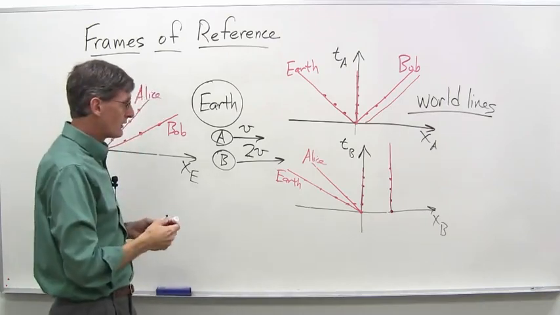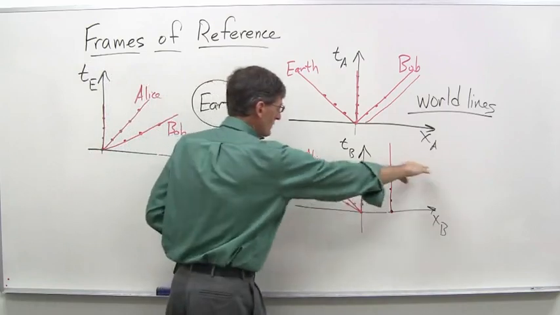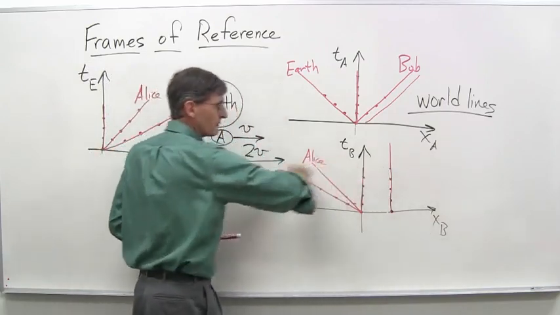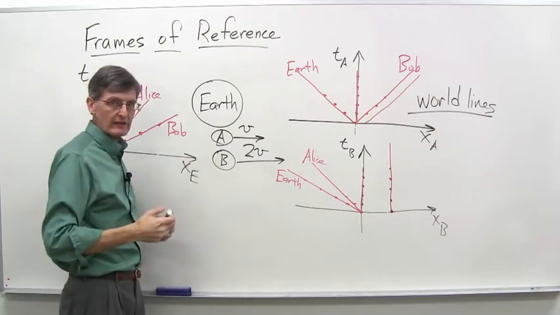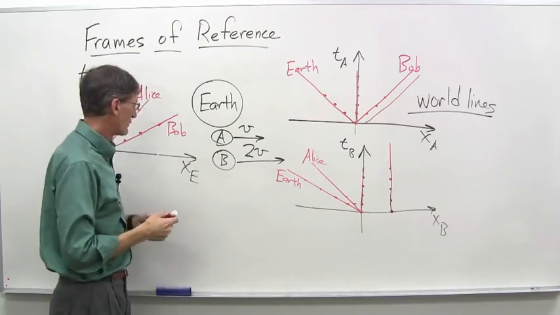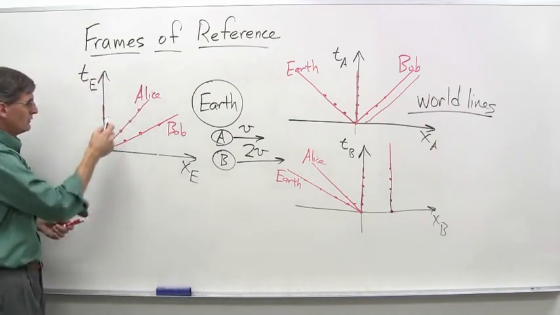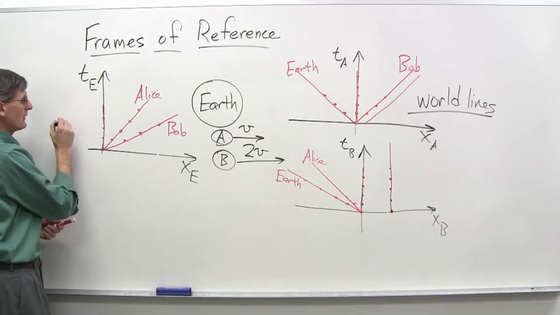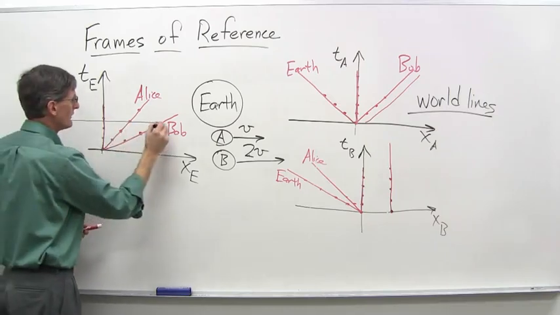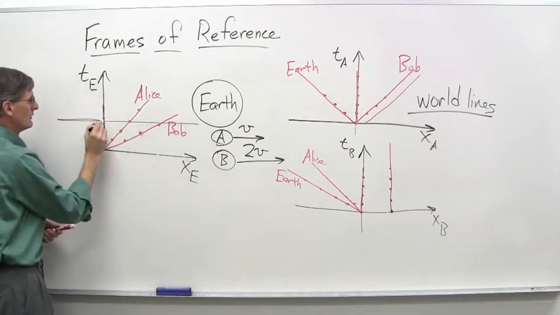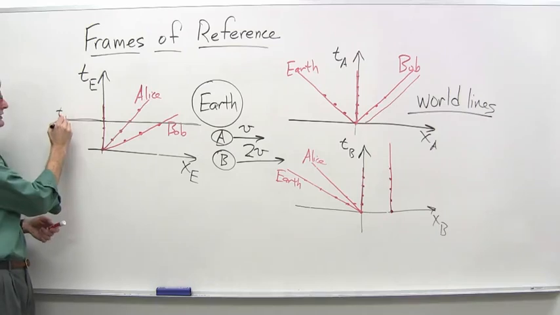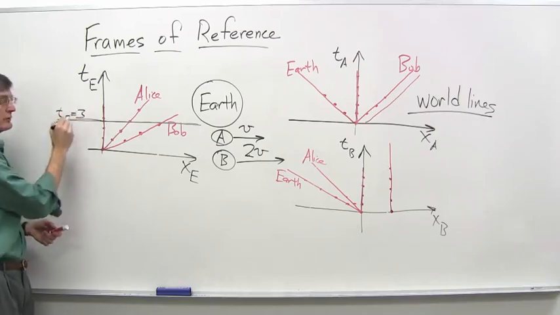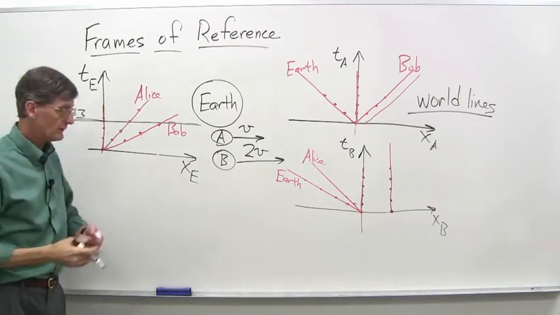What about a horizontal line? A horizontal line, as we've emphasized, represents everything that goes on in that frame of reference at that given time. So if I draw a horizontal line over here on Earth's perspective, right there, more or less, that represents the time. We'll call that TE equals 3 seconds, or 3 minutes, or whatever it is.